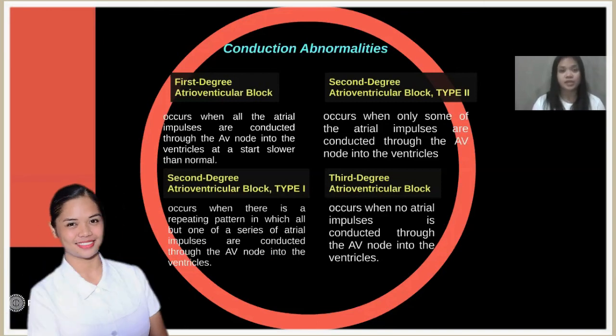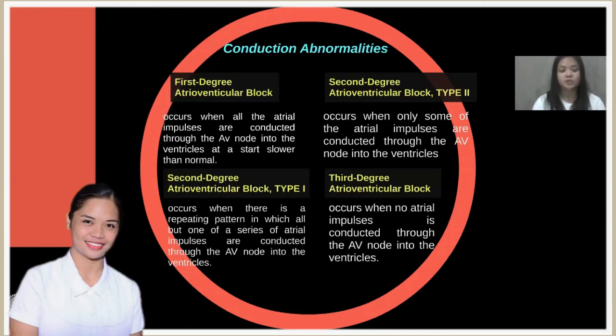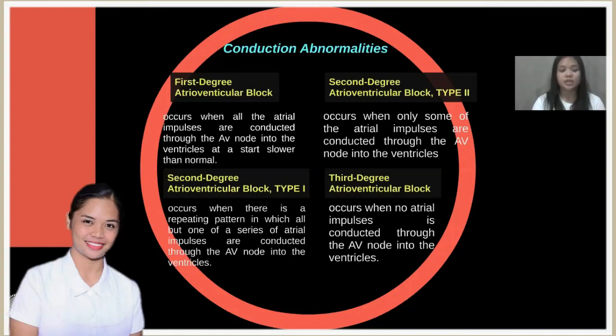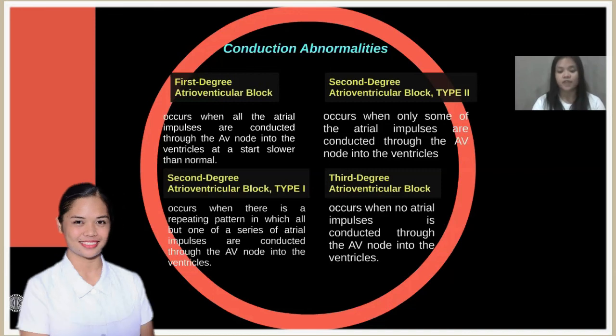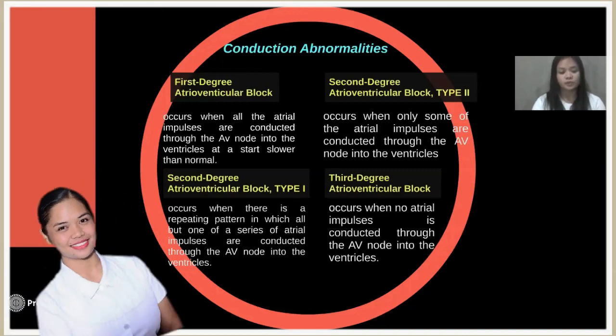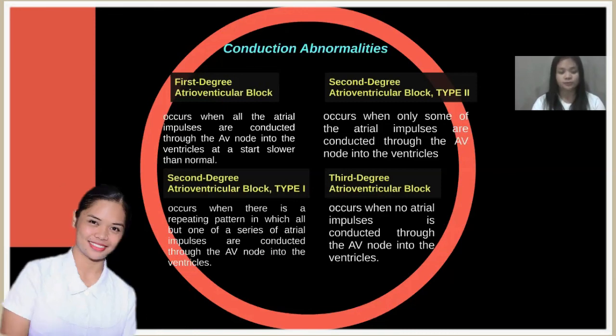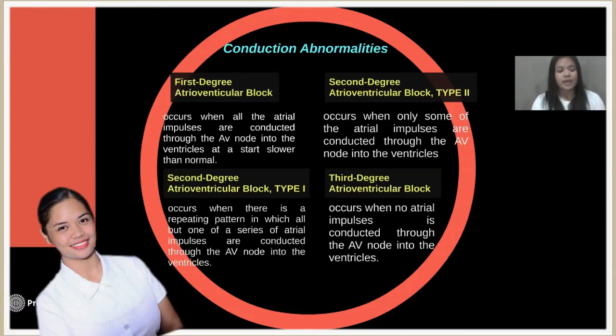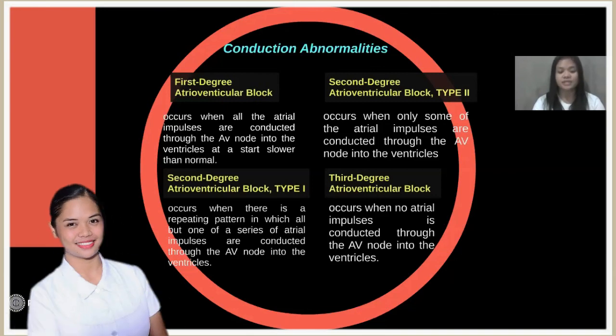Lastly, the third-degree AV block, also referred to as complete heart block. In this condition, none of the electrical signals of the atria reach the ventricles. With no input coming from the atria, the ventricles try to generate some impulses on their own. This is known as an escape rhythm. In ECG, two independent rhythms can be seen.